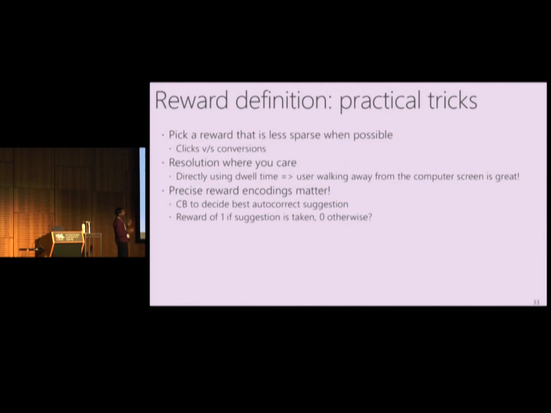And really, the precise way you choose to encode your rewards ends up mattering quite a bit to how well you can do things. So again, as an example, everybody probably has autocorrect that fires on their phones. You can imagine actually using a Contextual Bandit algorithm to drive those autocorrect suggestions. It's pretty easy: based on what you've written so far, what should this word be?